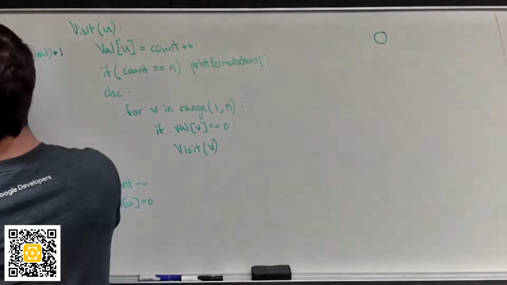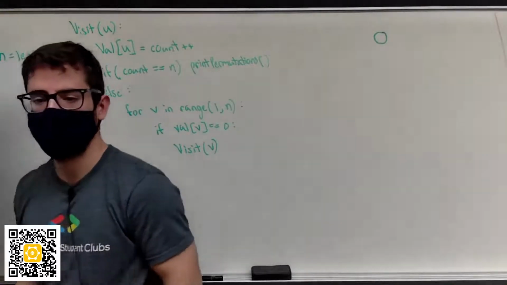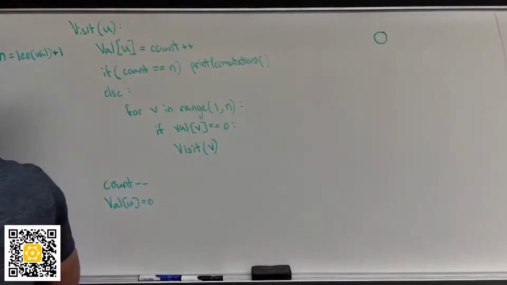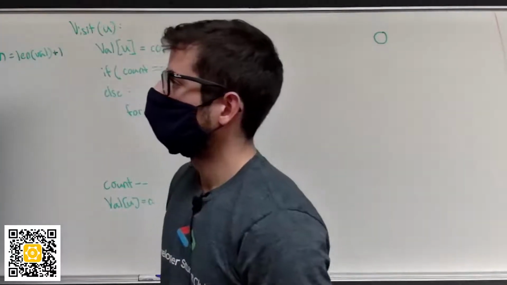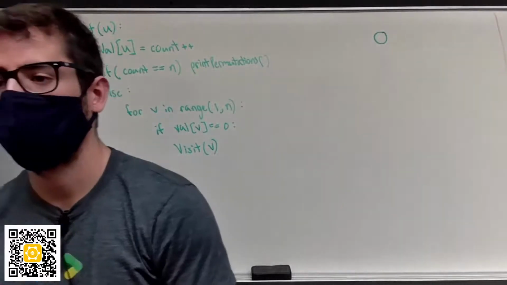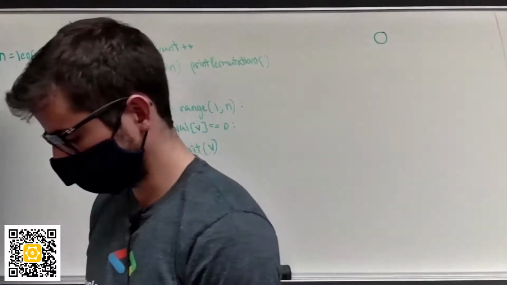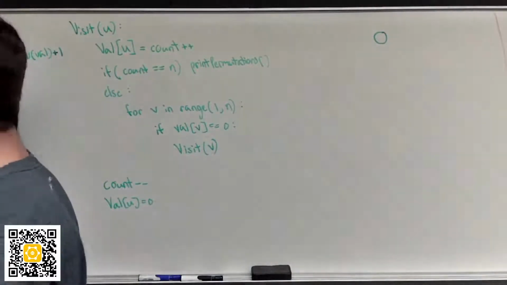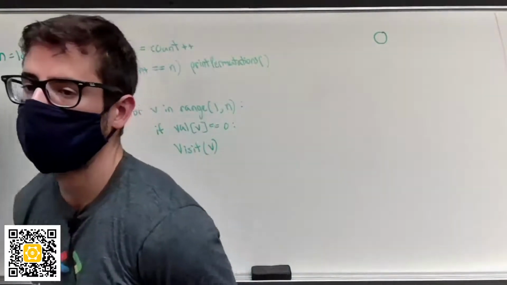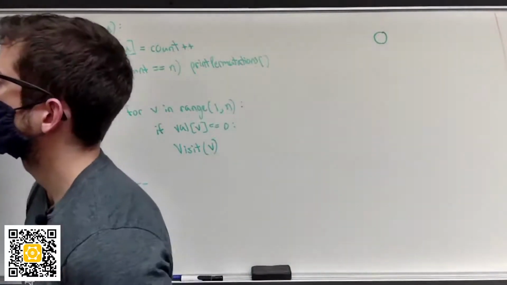So 2 worked, and we're done with 2. What's the next one? 3, right? Fail, succeed, fail, fail, because there's a 2 there. Cool. So what now? It should backtrack.